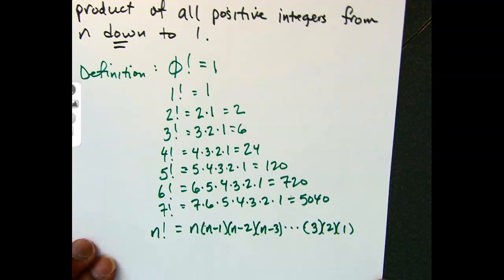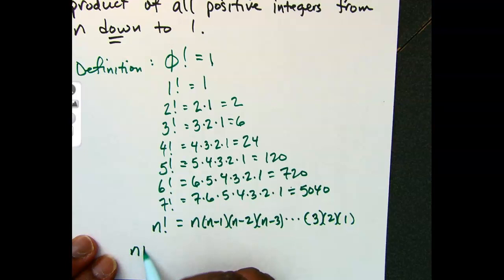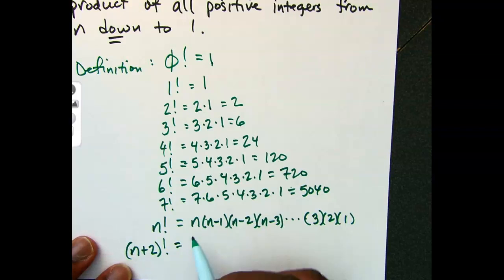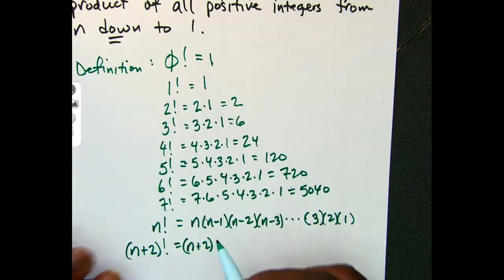What if we started with n plus 2 factorial? Well, our first factor would be n plus 2. Then we would be 1 less than that, so that would be n plus 2 minus 1, which would be n plus 1.